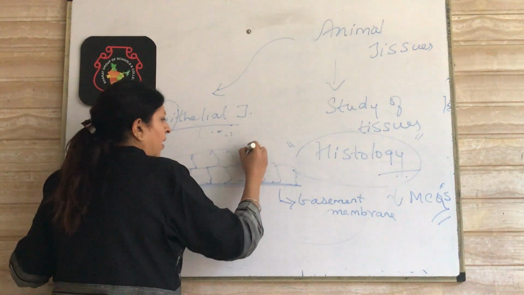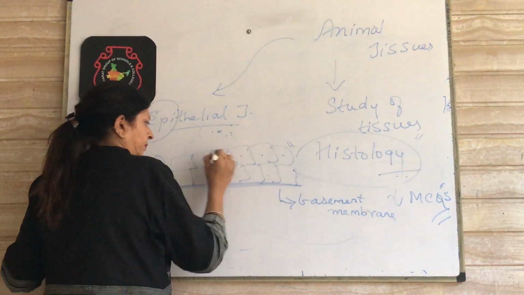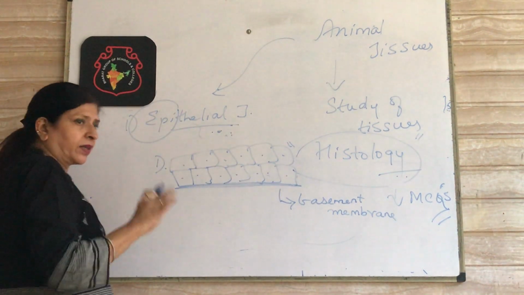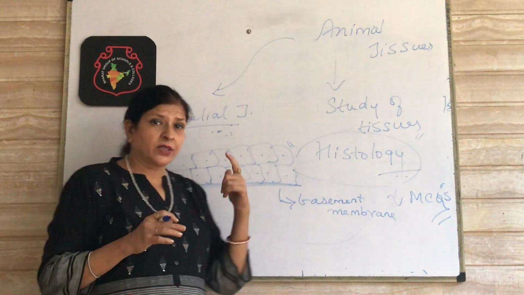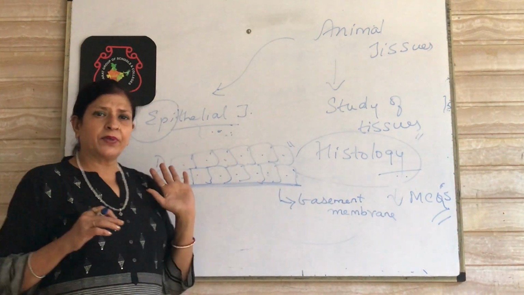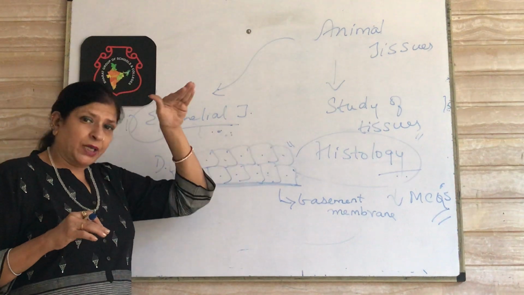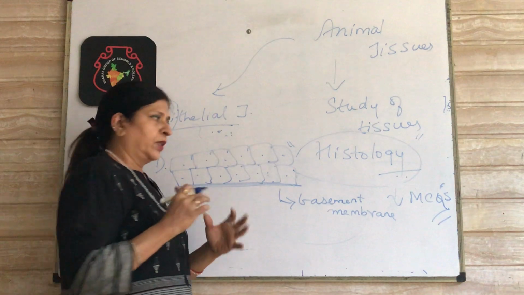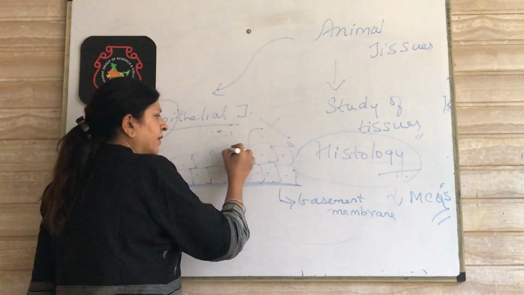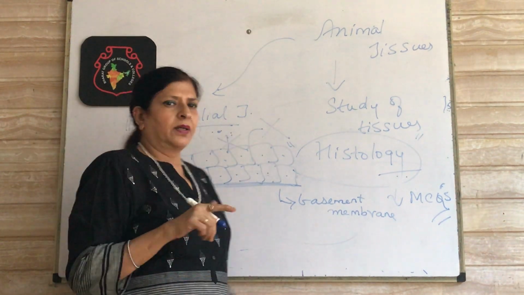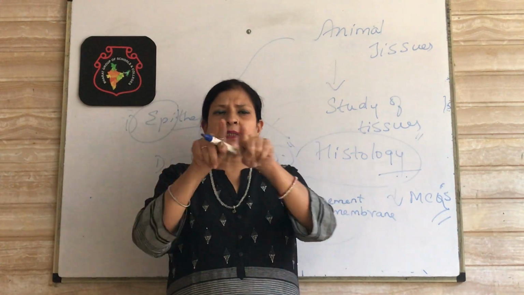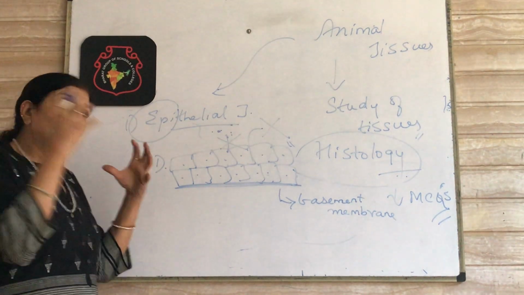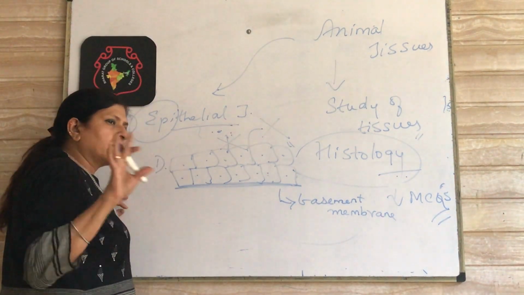Remember, this is just a rough diagram I am drawing, nothing specific, just to discuss the characteristics. There is a basement membrane and the cells are placed on the basement membrane, but the cells are compactly packed. You notice that there are no intercellular spaces. Between the cells, there is no space, they are compactly packed. Compactly bound, no intercellular spaces.